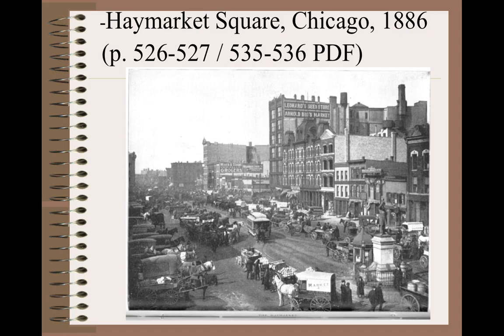But before Bricktown in downtown Oklahoma City was an entertainment district, it was actually a warehouse district. The train rolled in, things were loaded and unloaded, so those are all factory warehouses down there. Today they're restaurants and trendy shops and things like that. But this is what Haymarket Square was on a larger scale. It's the factory and warehouse district of Chicago.